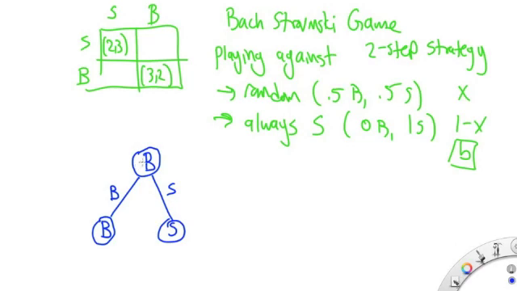So it could be that after we chose Bach, we saw the opponent did Bach on that round, and then we choose Bach again on the next round. Could also be that we start with Bach, and then we see the opponent do Stravinsky, and then we play Stravinsky on the second round. So this is a two-step policy tree for this game, which, by the way, is a POMDP because of the hidden information about which state the opponent's in.